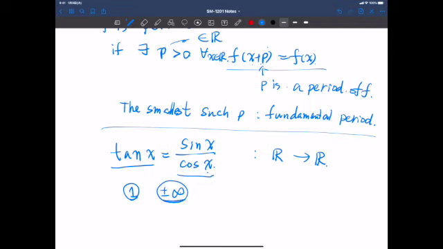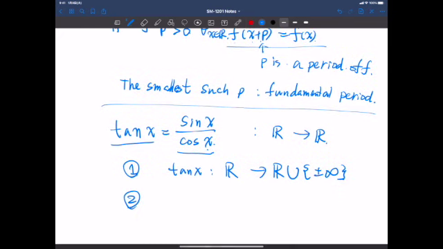They are not real numbers for sure. So if we include this to express explosions, either to the positive side or negative side, tangent x is a function from real numbers to the union of real numbers with plus minus infinity.